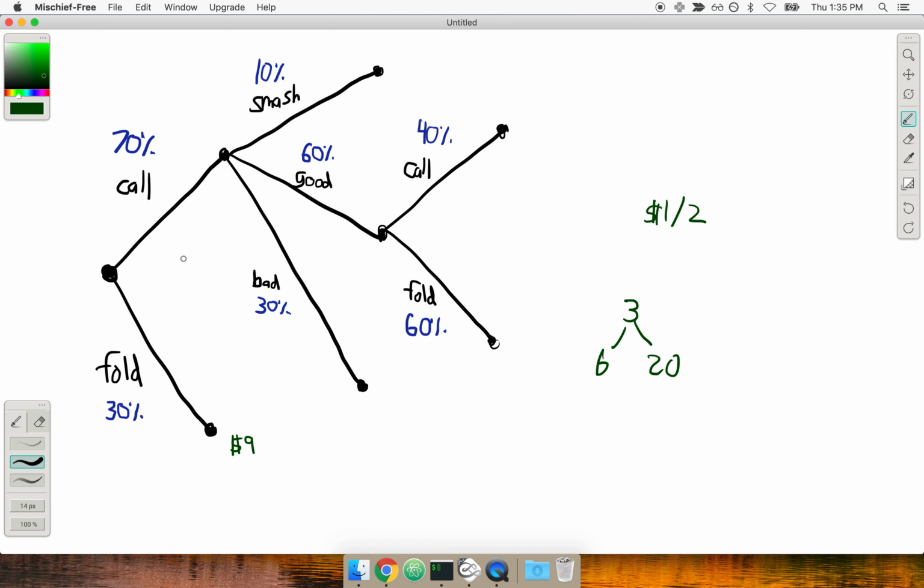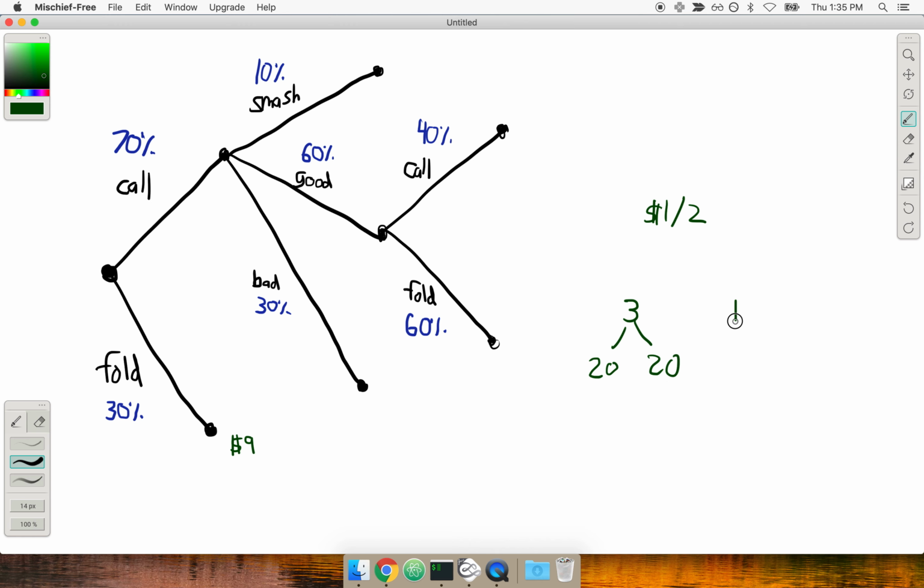Okay, so now let's move on to another leaf. So let's say that we get called, and then we smash the flop. So here's how I'm going to look at that. I'm just going to erase this. Okay. So here, $3 were in the blinds, we 3-bet to 20, and they called. I like to draw these kind of diagrams.